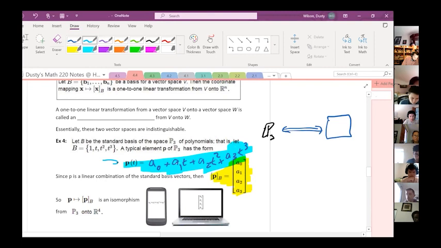So this one's not a vector, and by vector I just mean in the traditional sense. Whereas certainly this one down below is a traditional vector.